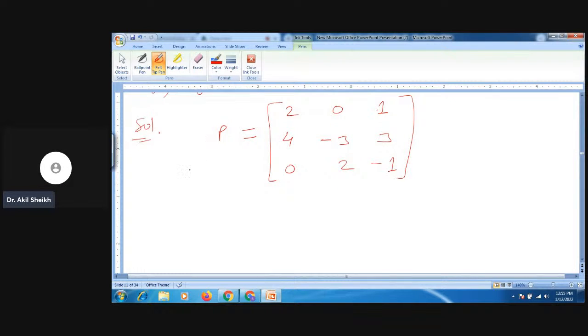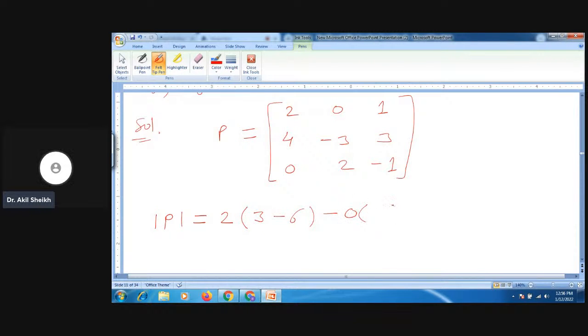So we find the determinant of P, and directly we will get the product of eigenvalues.